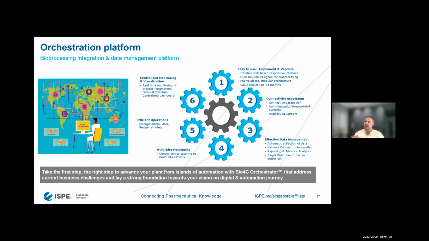The connectivity ecosystem is also something that we are putting our efforts towards, so that we can start small, connecting a few systems, and then with some of the industry standard protocols, we should be able to connect many more systems.